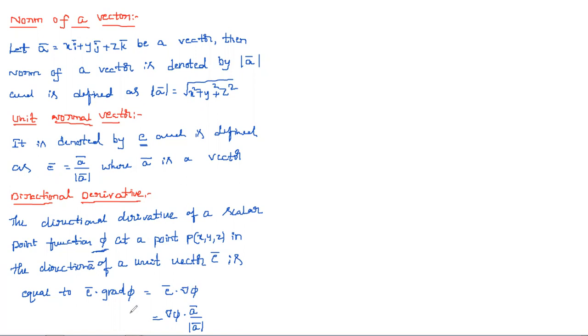Of course, in some cases they may mention a vector point function also, and we can apply this. If you are applying it for two surfaces also, we can go through the same procedure. In place of phi they can give f, and another surface they may give as g. Then we can apply del f dot del g by modulus del g.